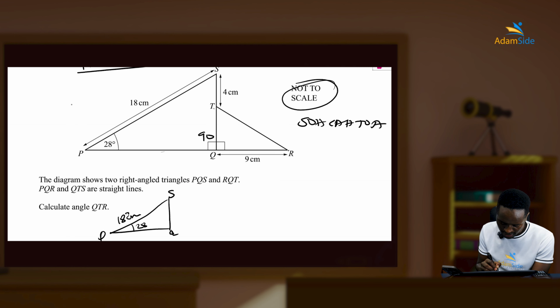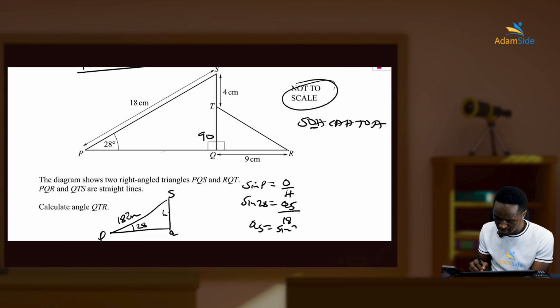Now we want to find this height. Which ratio do we use? Sine. Sine P is equal to opposite divided by hypotenuse. So sine 28 is equal to QS divided by 18. QS is equal to sine 28 times 18.